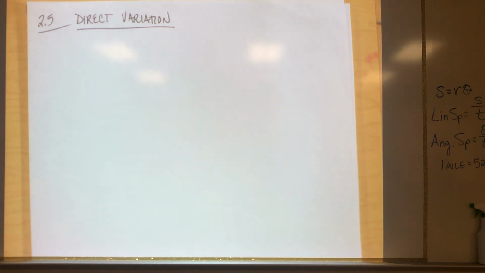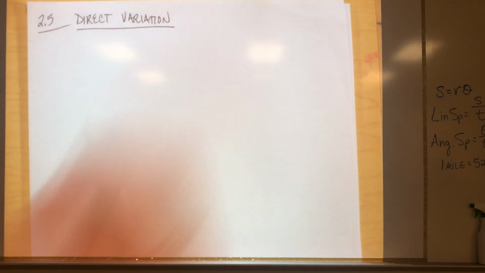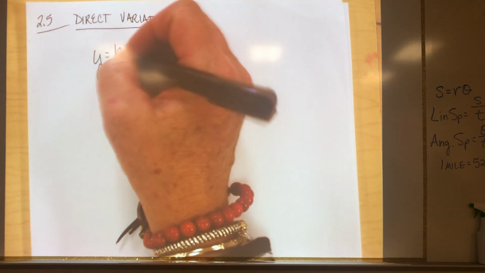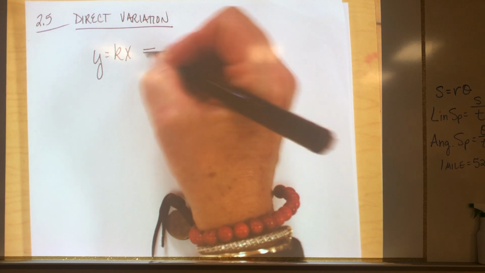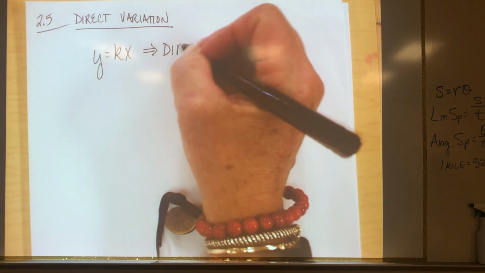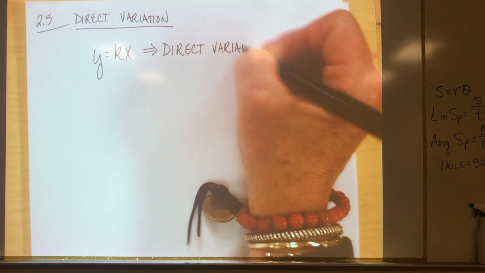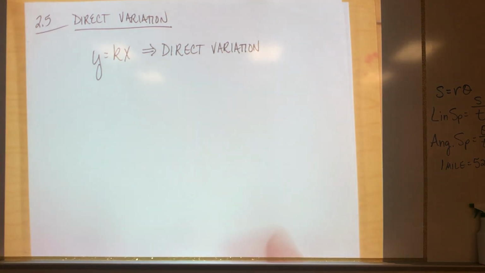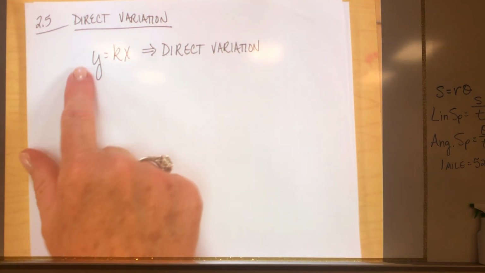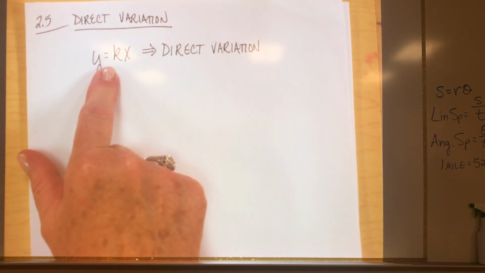All right, so here's what you need to know. This is the one thing you need to know, okay? y = kx is what represents a direct variation. Everything that I teach you today will come from this right here.